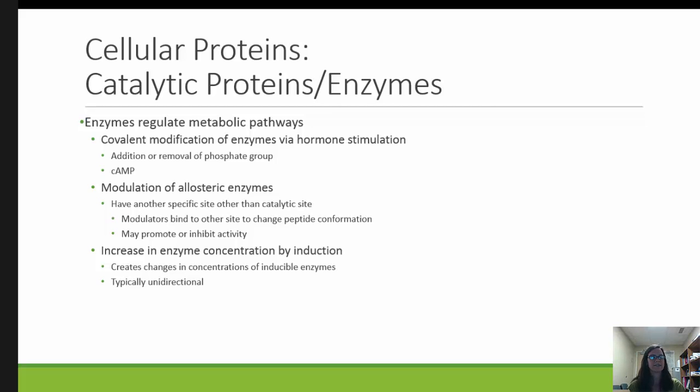Allosteric just means that it's relating to an alteration in the activity of the protein by the binding of a molecule at a specific site, other than the catalytic site. So the modulators can bind to another site and change how that enzyme looks, and that can either promote or inhibit the activity. Increases in enzyme concentration by induction is another way that enzymes regulate the metabolic pathway. In this way, they create changes in the concentration of the enzymes, but typically those are unidirectional.